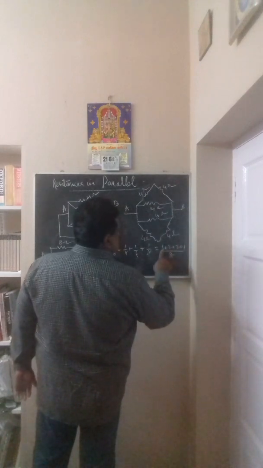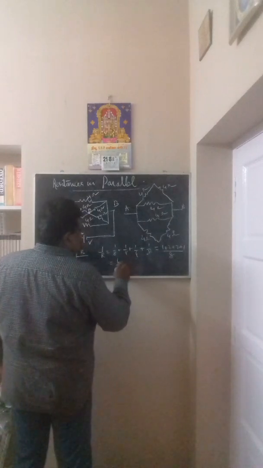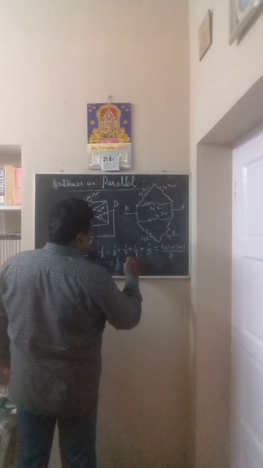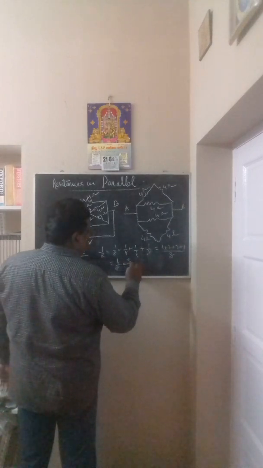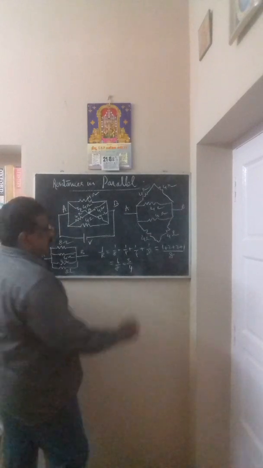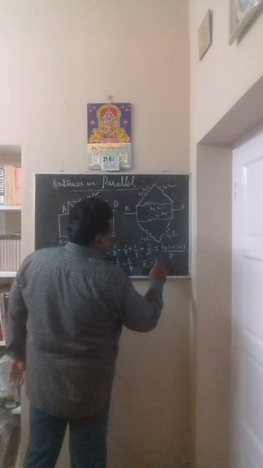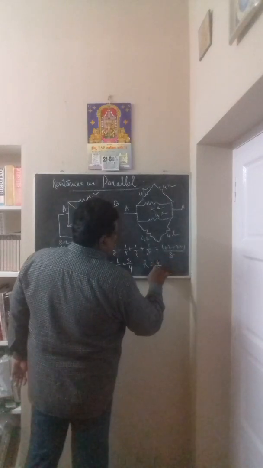So 6 by 8, which is, if you cut it by 2, 3 by 4. So 1 by R is 3 by 4, so you can say R is equal to 4 by 3.